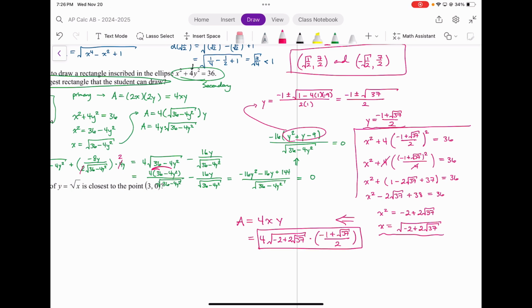There we go. I know that doesn't look like a really nice, clean answer, but that is the answer according to what we found.